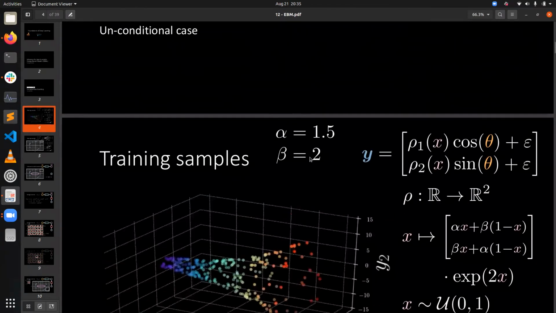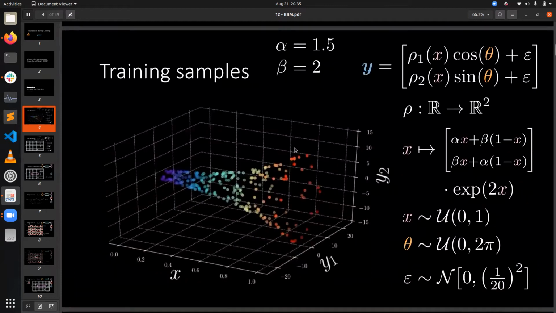So the specific thing that we have to note in this problem is he refers to it as multimodal output. I don't know if it's the right terminology. So essentially for each x you have many outputs, right?